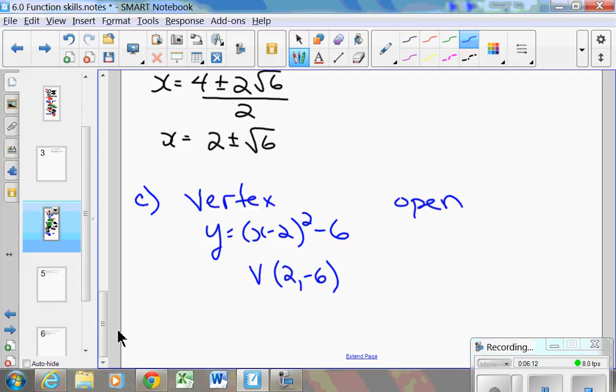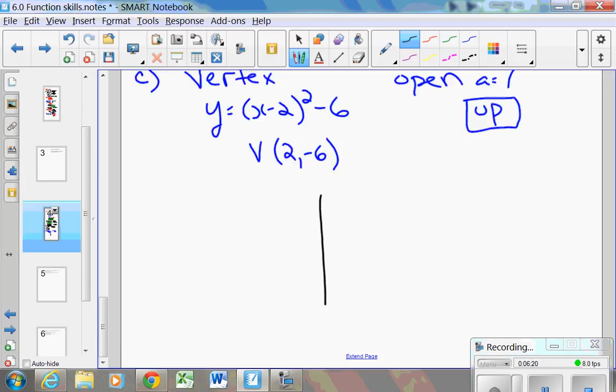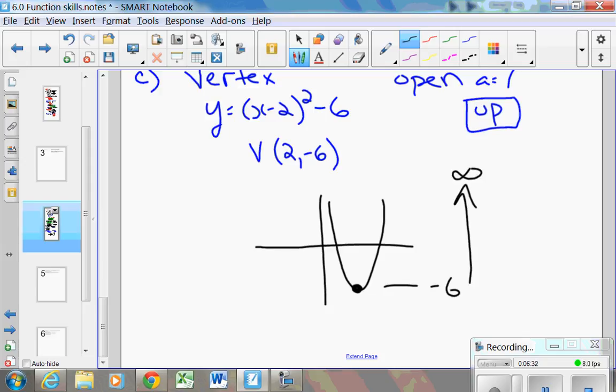I know the a value was 1, so I know that I'm going to open up. If I visually draw a real quick sketch, (2, -6) and my graph is going to open up. I have a minimum value of negative 6. My maximum value is infinity.